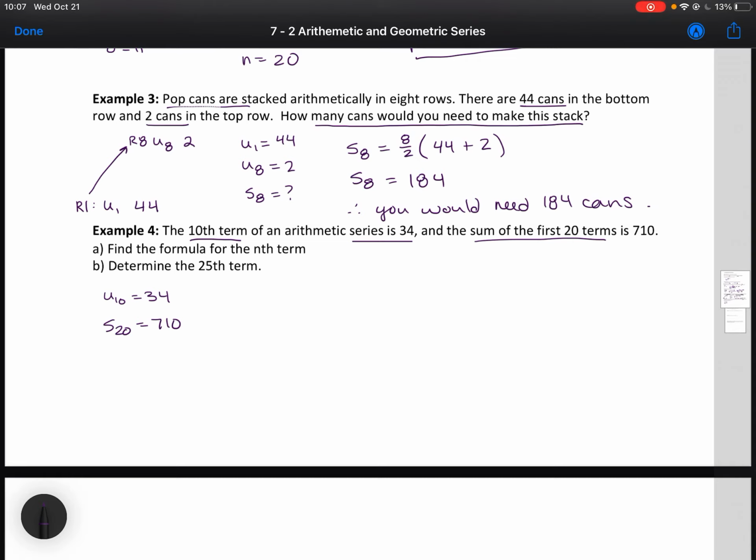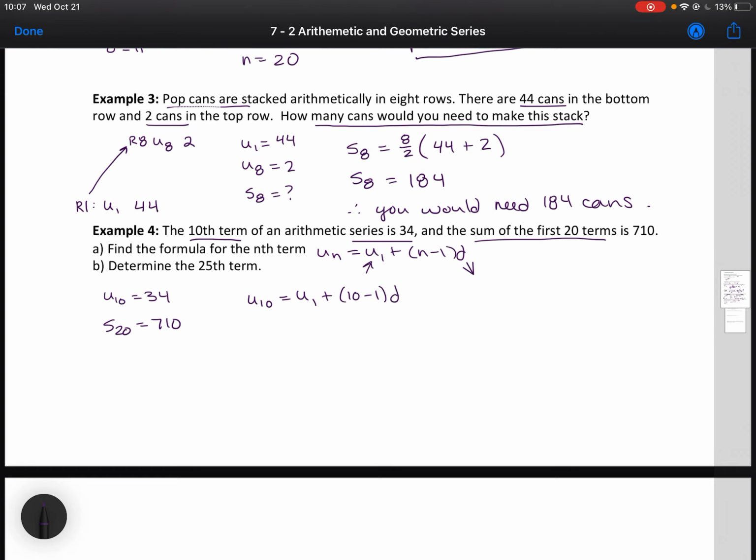In order to do that, I'm looking to fill in this equation right here. So I need to know my first term, and I also need to know what my constant difference is. So I'm going to start by using the fact that my 10th term is equal to 34 and that nth term expression.